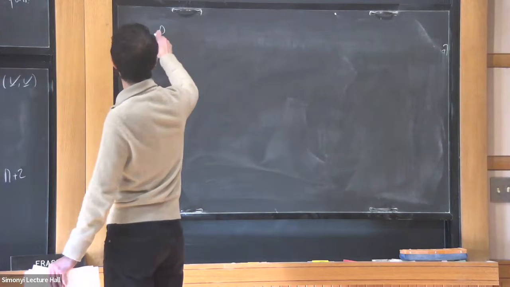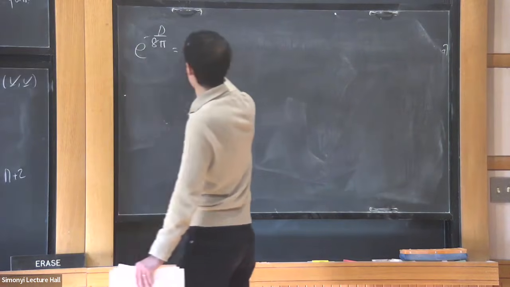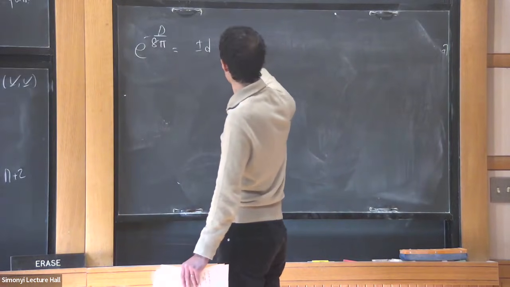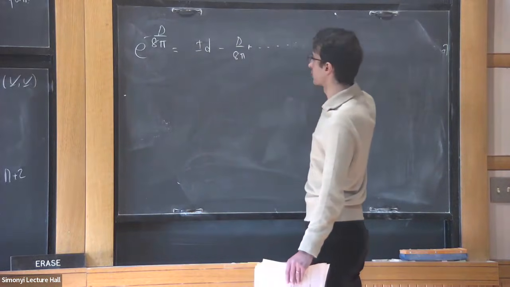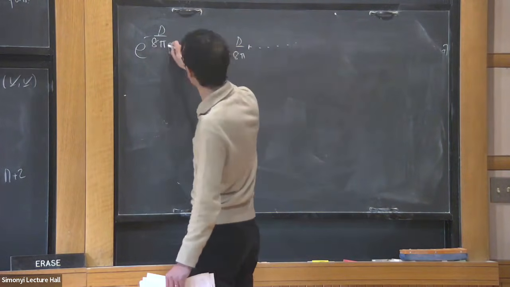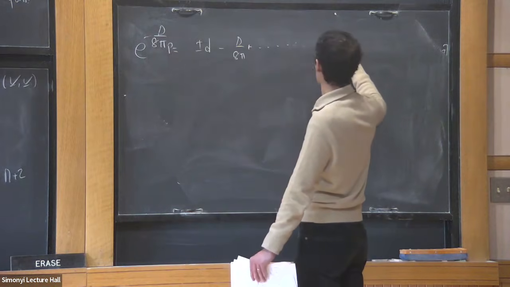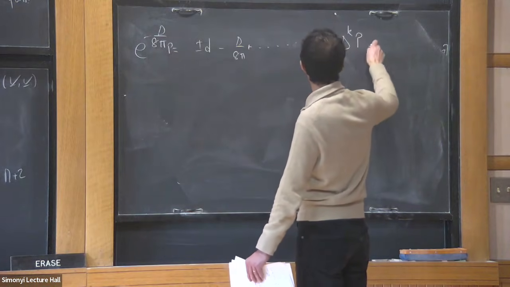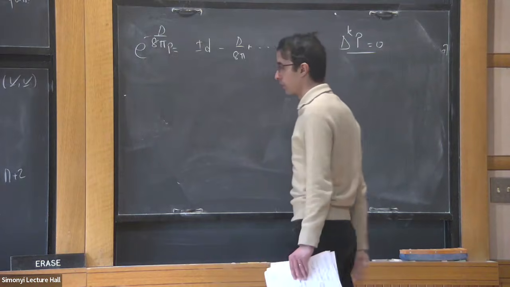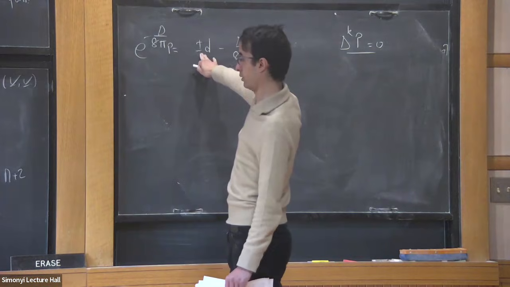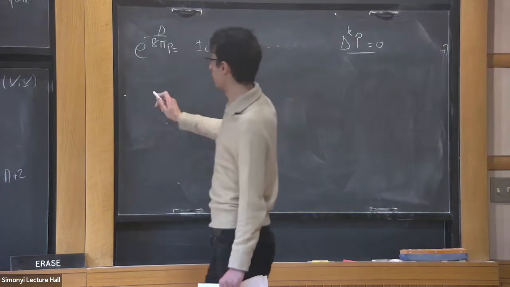So the exponential of the Laplacian divided by 8 pi is just like the identity minus the Laplacian divided by 8 pi plus, and then you're going to stop. If you apply it to the polynomial P, you will stop at a certain range where the Laplacian applied k times to P is equal to 0. But in particular, the first term is just going to be P.